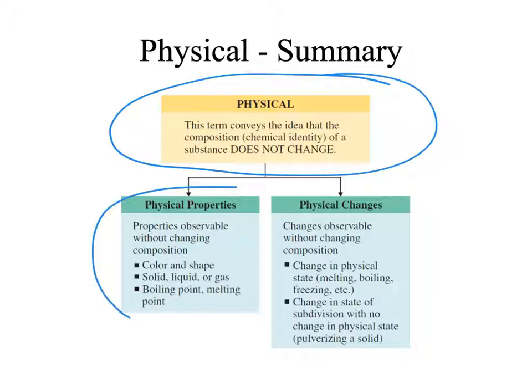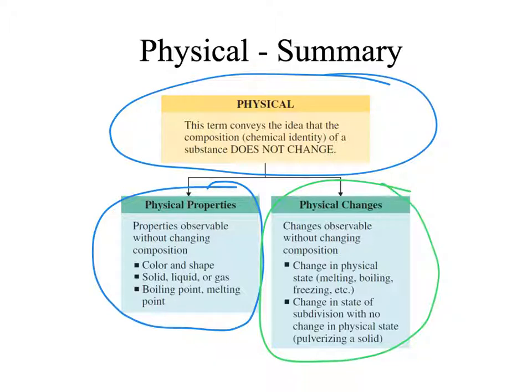And you can describe the physical property, which we said was the property observed without changing composition. So if I have water before and after a reaction, I can describe the physical properties of that water. I can describe the color and shape, the phase that it's in, the boiling point, the melting point. The physical changes that are associated are the changes that are observed without changing the composition of the substance.